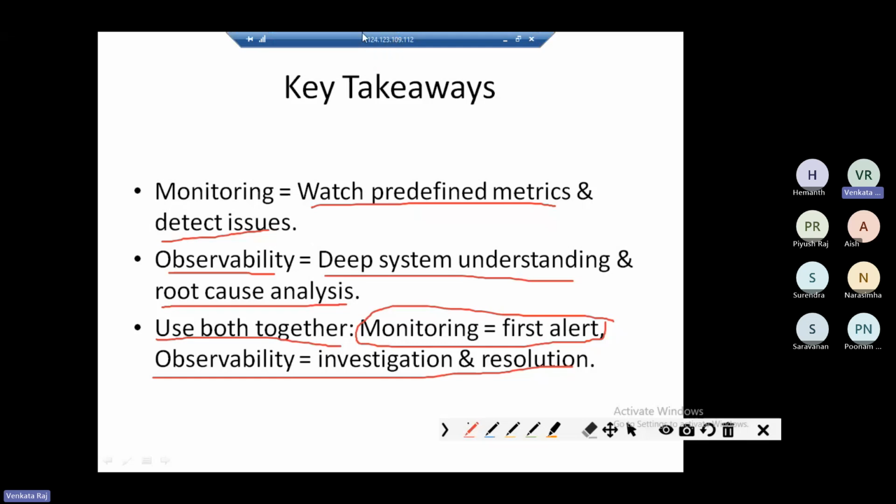Now, whoever is not aware how these tools work, let me explain that these observability tools, these monitoring tools, will be able to capture the different requests as well as the different components of the application through which that request passes. That is what I told you about traces, right?